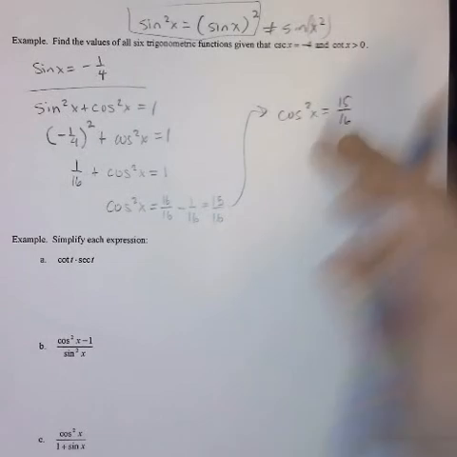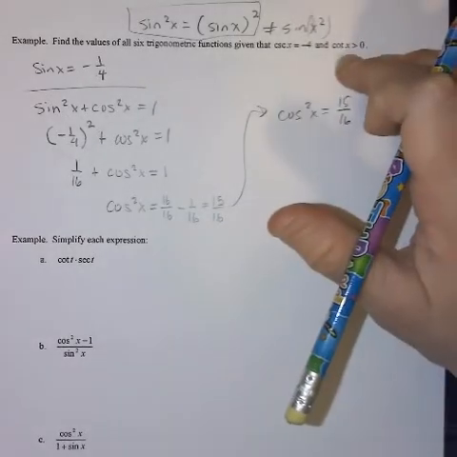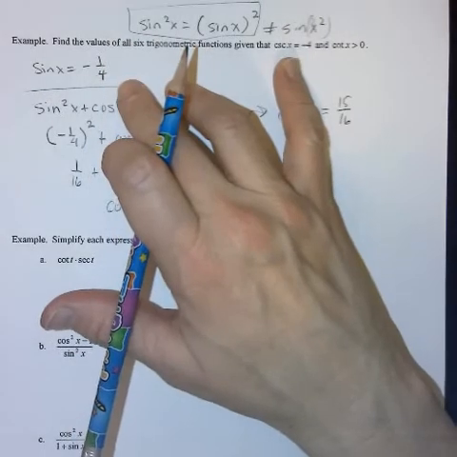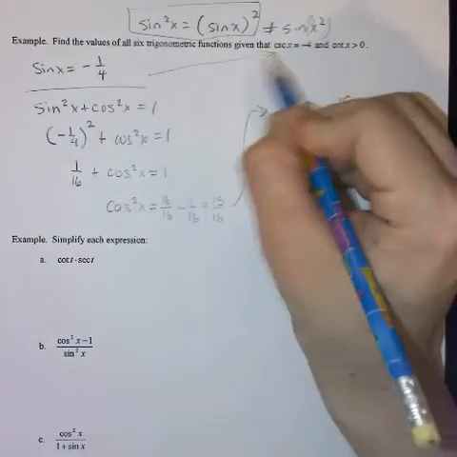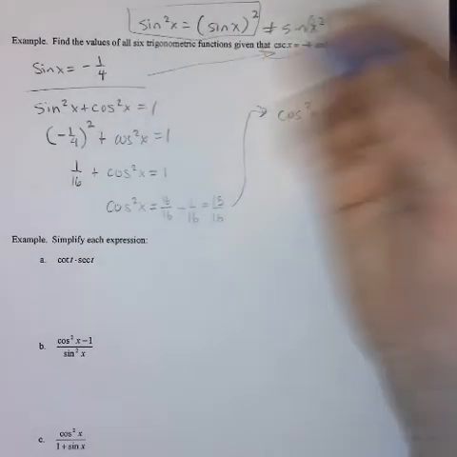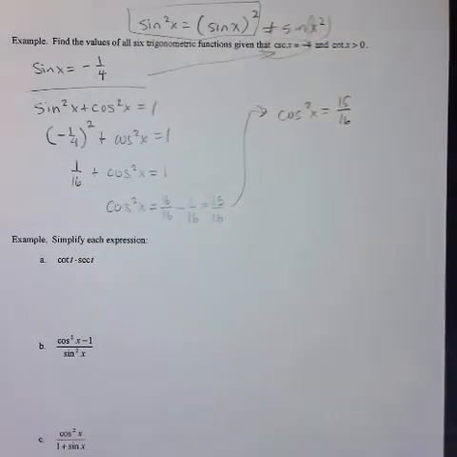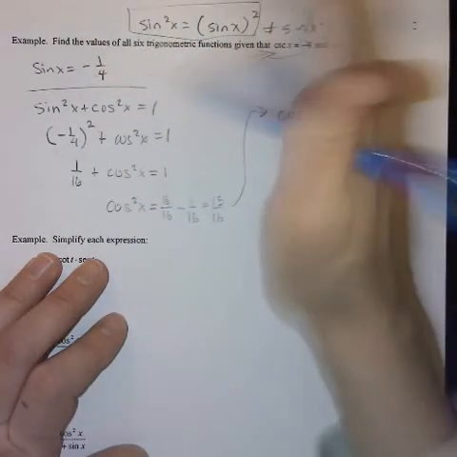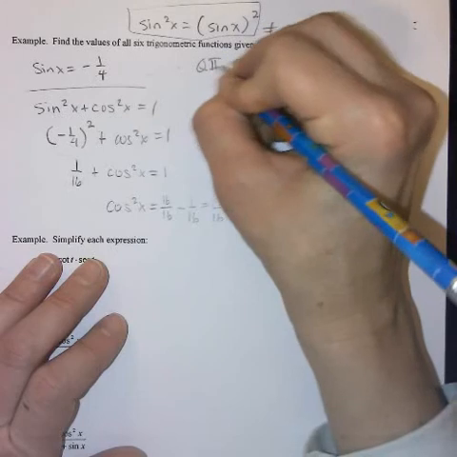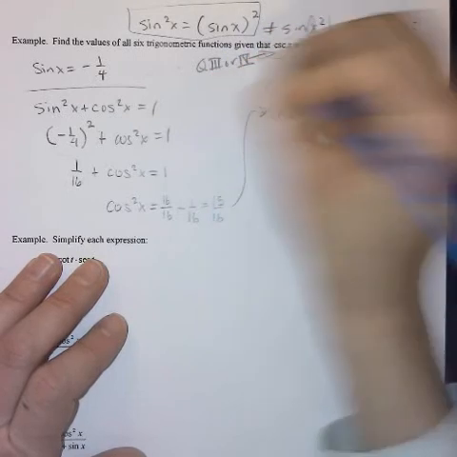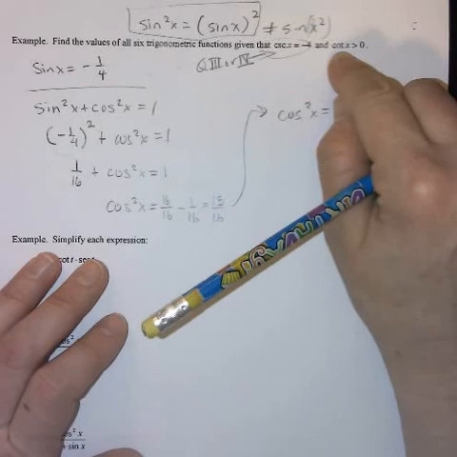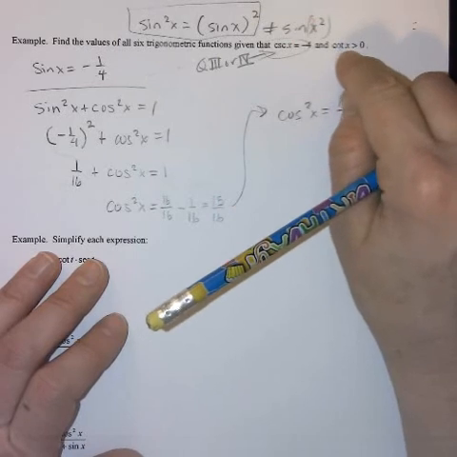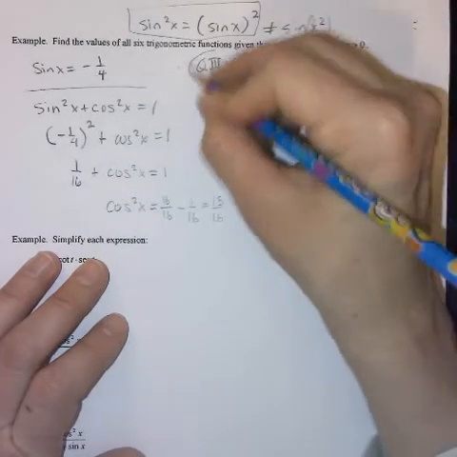And here's where this helps, because we know sine and cosecant are negative. So that means we're in quadrants 3 or 4. But because cotangent is positive, then we know we're in quadrant 3 and not 4.